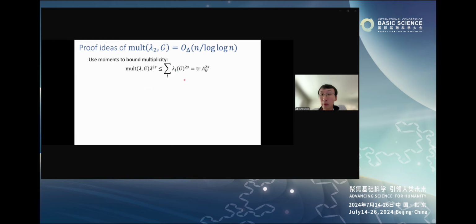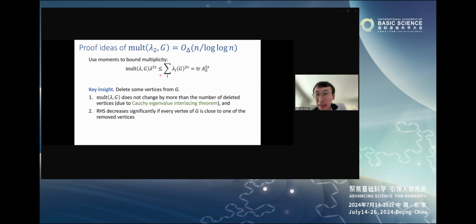And if we care about the eigenvalue multiplicity of this lambda, then we could just throw away all the terms that are not lambda, and this gets us an upper bound on the multiplicity. Now, this gives you something, right? This gives you some bound on multiplicity, but it's not a very good bound. You will not get a sublinear bound on it.